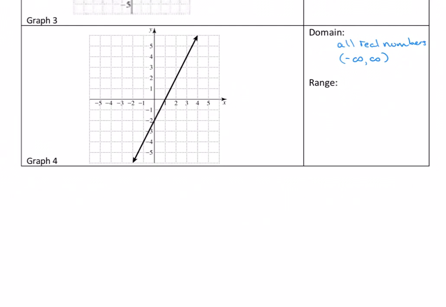All right, if we talk about the range, how far down does this go? Again, we have an arrow that tells me this goes forever down. This arrow tells me we're going forever up. And so my range for this is also all real numbers. Or, in interval notation, negative infinity to positive infinity.